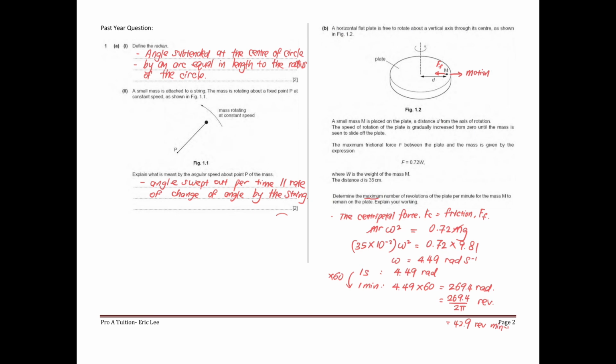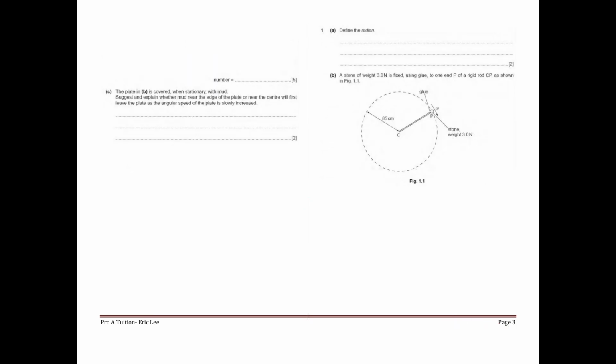Let us look at the next page then. The plate in B is covered when stationary with mud. Suggest and explain whether mud near the edge of the plate or near the center will first leave the plate as the angular speed of the plate is slowly increased. So you have to decide. This is your circular plate.